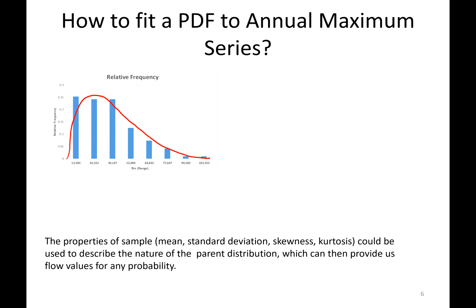Each probability density function has some properties. This is some sort of function, and we need to figure out which function fits our data. There are certain properties of this function, or parameters, that we can manipulate to fit it to our data.